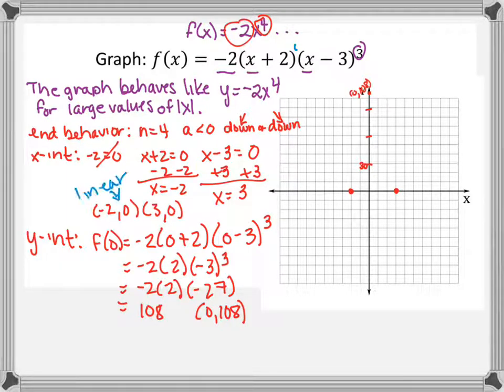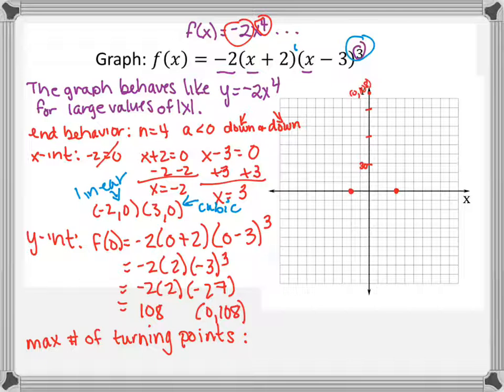approximately. We know that this first x-intercept is linear because it has an exponent of 1, but the second set of parentheses has an exponent of 3, so our graph behaves like a cubic function when passing through this x-intercept.